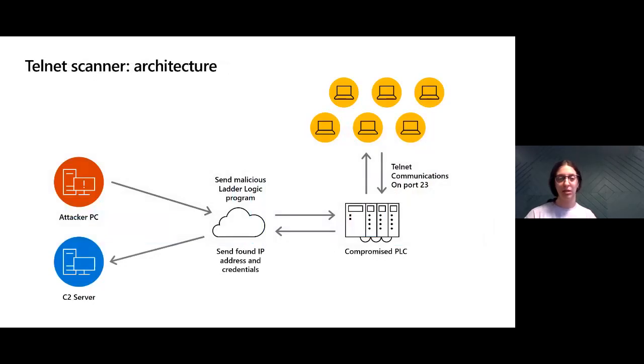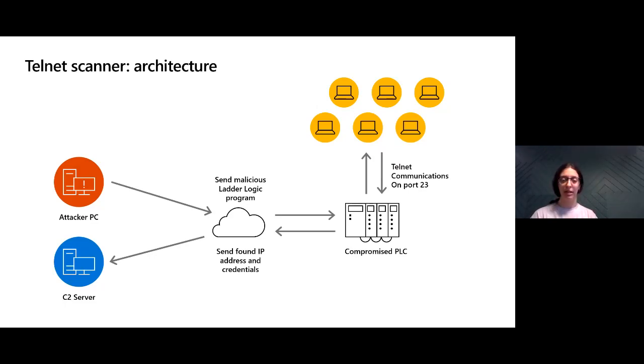Here we can see the general architecture of the Telnet scanner actions, so I will explain them. First, the attacker needs to infect the PLC with the Telnet scanner malware.